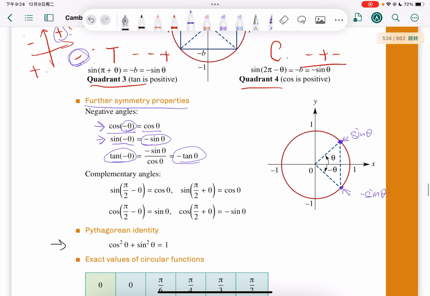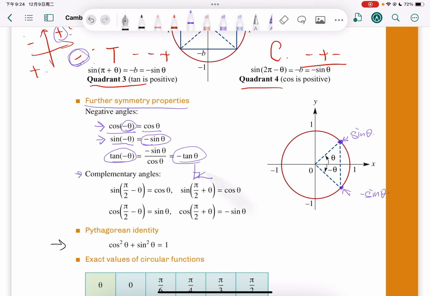Then what about complementary angles? The complementary angle is defined as: if I have 180 degrees and a theta, then 180 minus theta is my complementary angle. Or else we can say the complementary angle is talking about 90 degrees, so half pi.